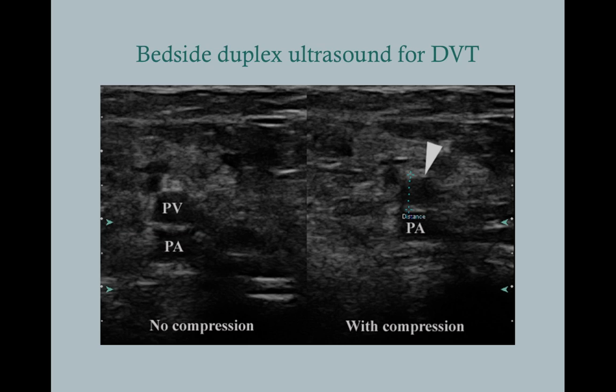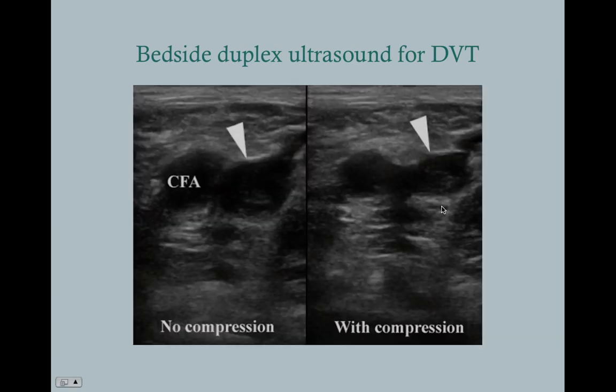Now you might not necessarily see the thrombus, and that's really not what's important. A positive finding for DVT is that you can't compress the vein. You don't really have to find the thrombus. And then here's another example.